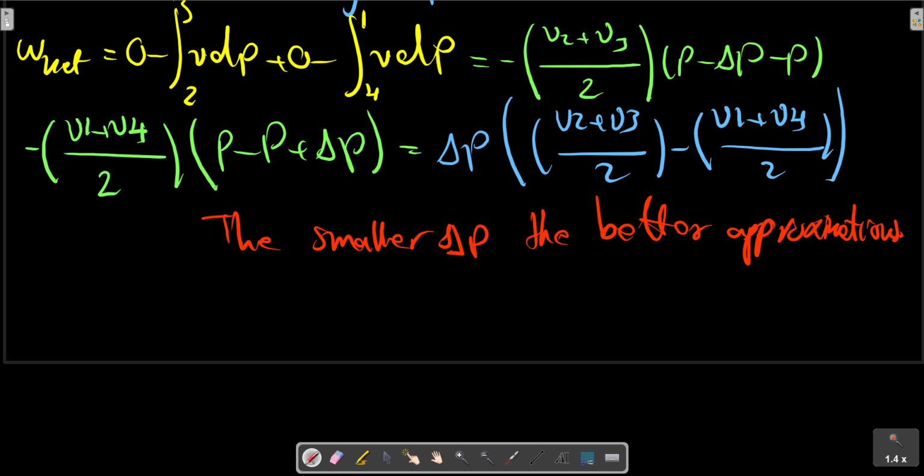Now comparing these equations with the equation W net equals QH minus QL, we can write the appropriate relations.